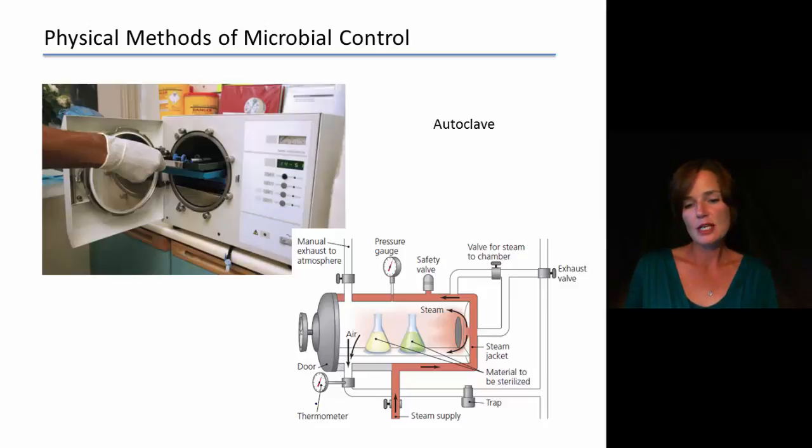There is typically some water in the bottom of the autoclave, so that when we close the door and tighten it up so that it's airtight, that water can be boiled, and then that boiling water under the pressure is going to reach a very high temperature. We do that for maybe 10 minutes, 20 minutes, depending on the particular microbes that we're trying to eliminate. The volume of the liquid is also important as far as the amount of time we're going to be sterilizing for.